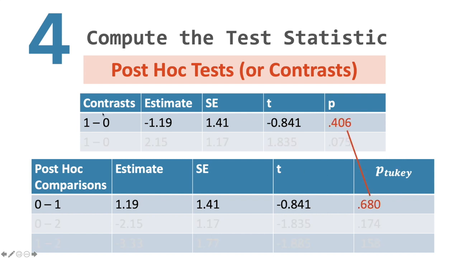What I point out here is that these two comparisons are the same. It's comparing group 1 with group 0, in this case just the opposite direction. So the difference between the two is the same. It's 1.19 units, whatever units they're in. But the p-value is different. In this case, when we didn't do an adjustment, the p-value was 0.4.